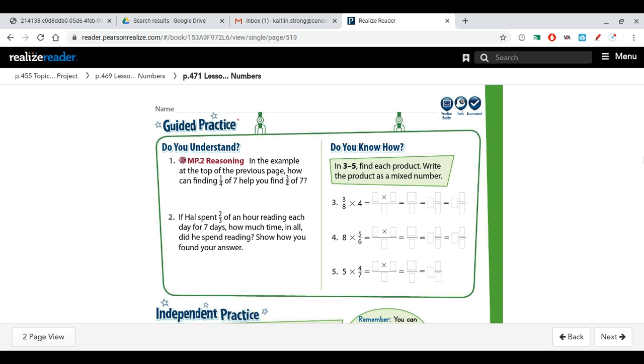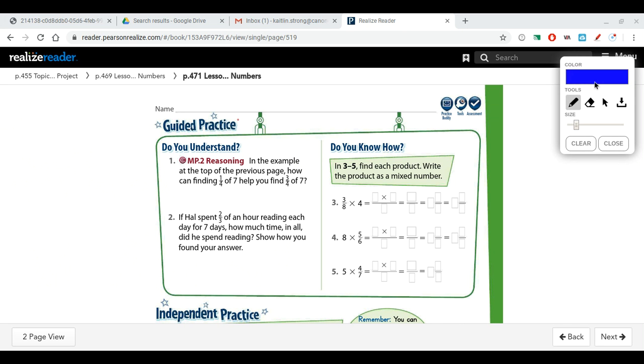All right, last problem we're going to take a look at is we're going to do 5 over 1 times 4 sevenths. And look to see if I can cross cancel. 5 and 7, they don't have a common factor other than 1. 4 and 1, they don't have a common factor other than 1. So I can't cross cancel here.